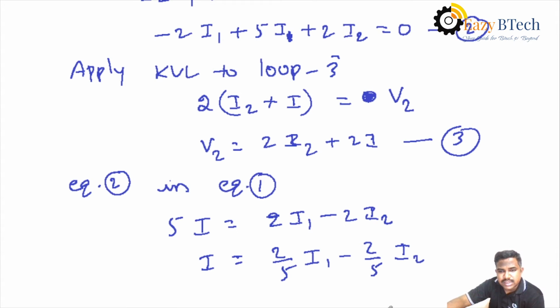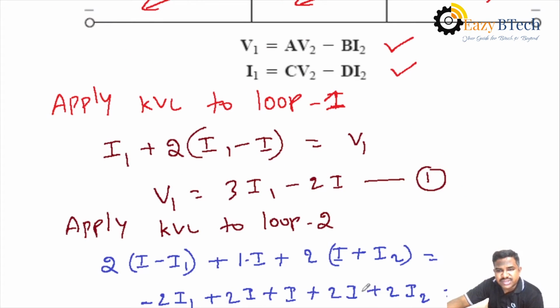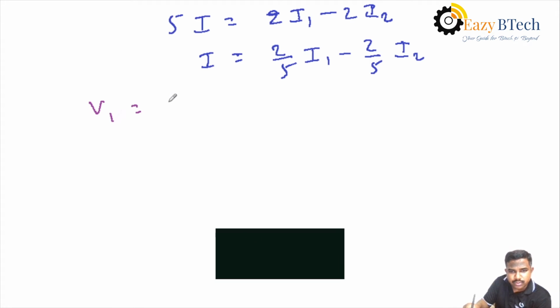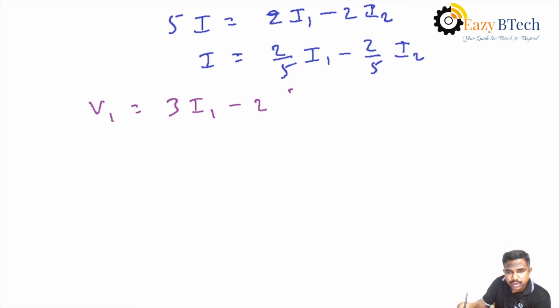We have to replace this I value in equation 1, that is V1 equal to 3 into I1 minus 2I. In place of I, you have to substitute this expression for I.